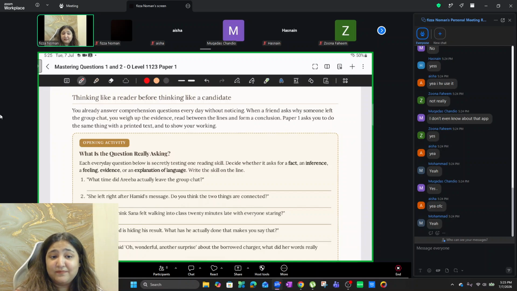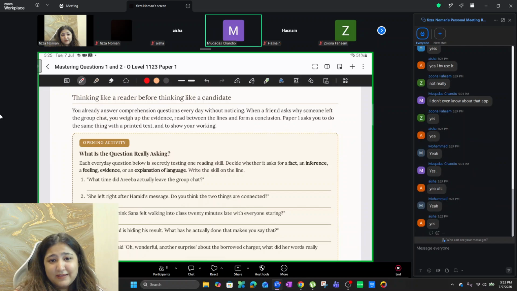Isn't that the case? On a daily basis, we are tackling these kinds of questions and what they stand for, right? So, paper one asks you to do the same thing, obviously, but with a printed text and in a more academic setting.